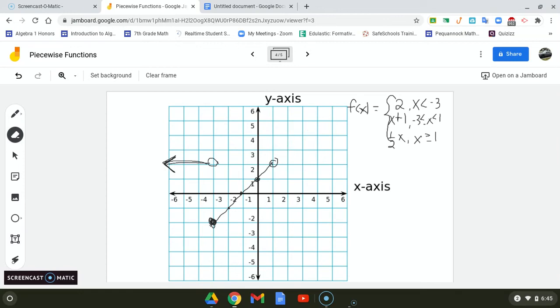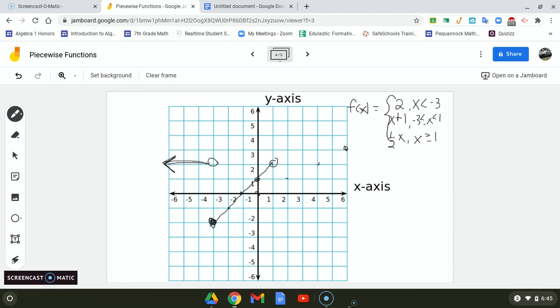Okay, and then the last part of this is f of x, or y, is equal to 1/2 x. And that's when x is greater than or equal to 1. So what would that function look like if y is equal to 1/2 x? Well, we know that means we would start at 0, and we would go up 1 over 2, up 1 over 2, and then up 1 over 2. So our graph would look kind of like that.